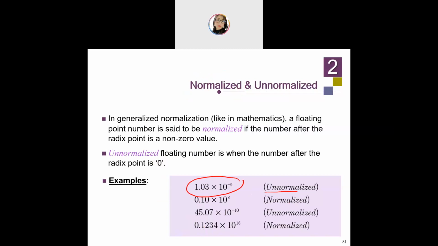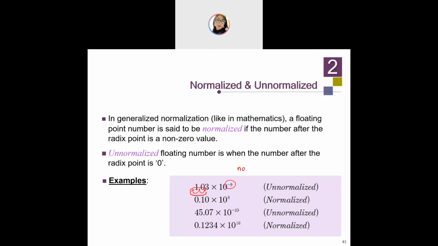But you need to know how to change it to be normalized. You need to move the radix point, isn't it? You can move it to here, but when you move the radix point, it is going to affect your exponent value.